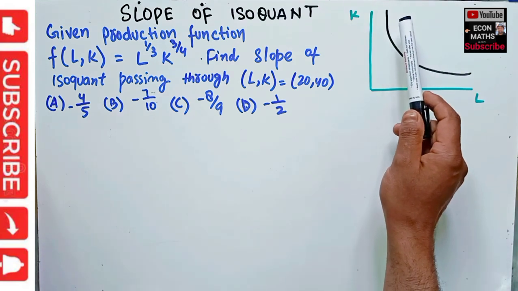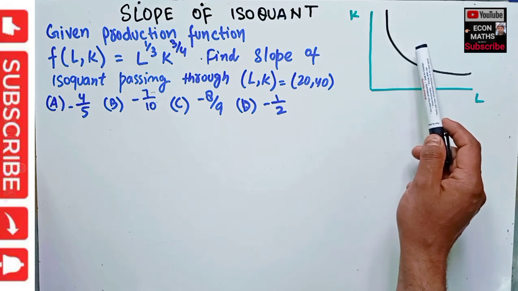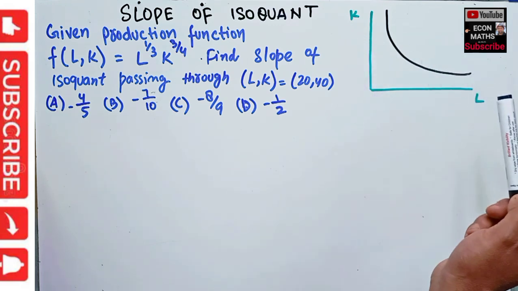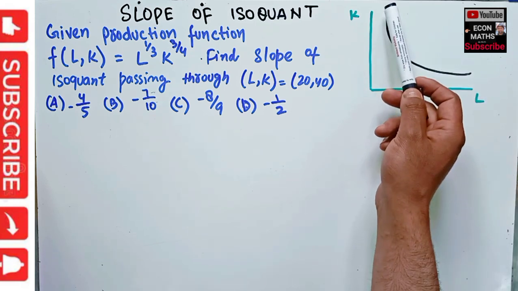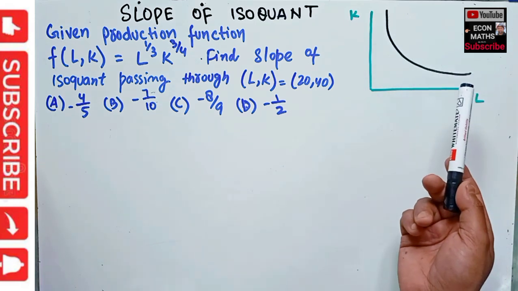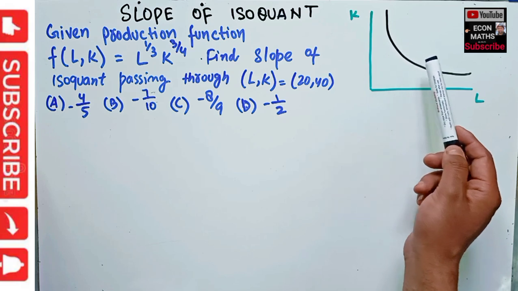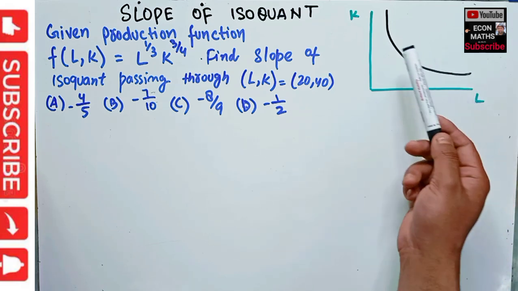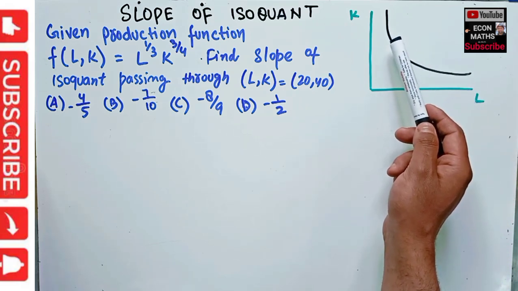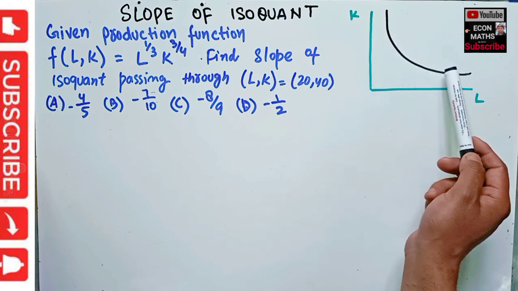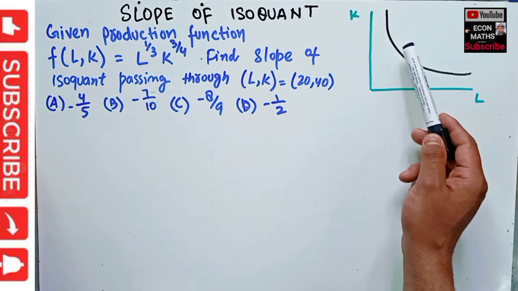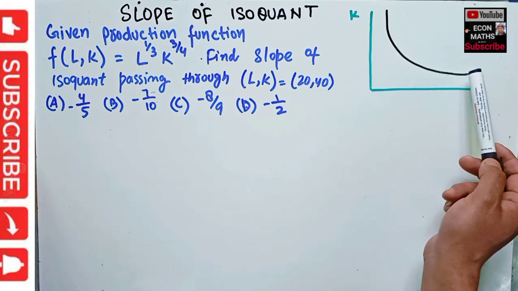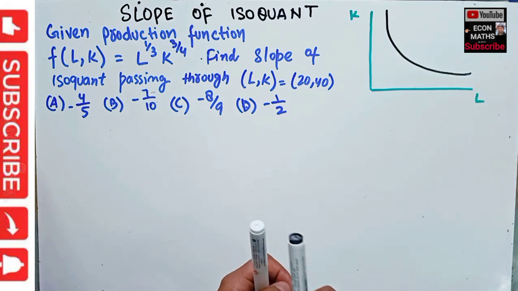It shows us different combinations of capital and labor which produce the same output. Each point on this curve shows the same output. We are only changing the combinations of capital and labor. That is what is meant by the isoquant.